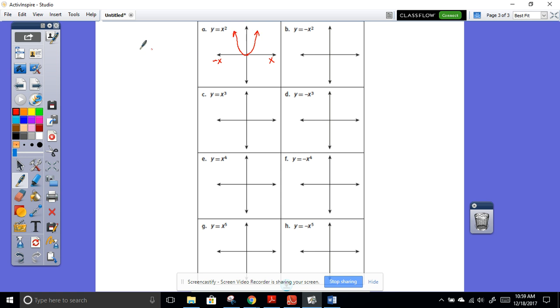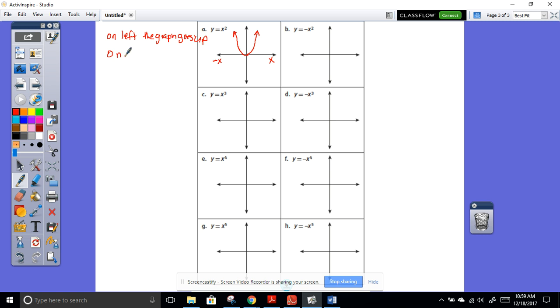Okay, so we can describe this by saying as on the left side of the graph, the graph goes up. I think most of you would be okay with that description. On the left side of this graph, the graph is going up.